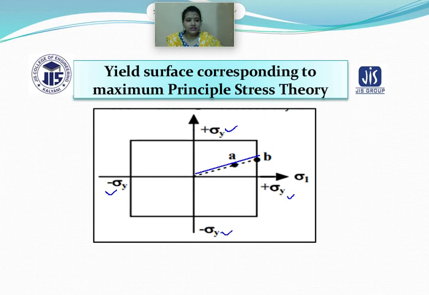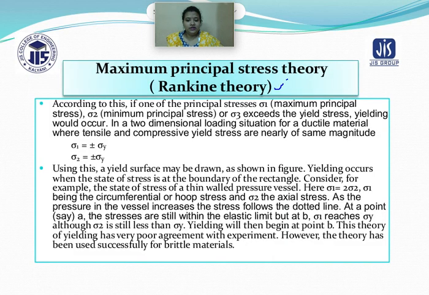And what I was telling is that basically this theory of yielding has a very poor agreement with the experiment, because if you go with the experimental pattern, you can see it is not so effective. So it has been implemented for brittle material.